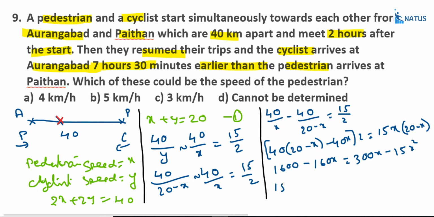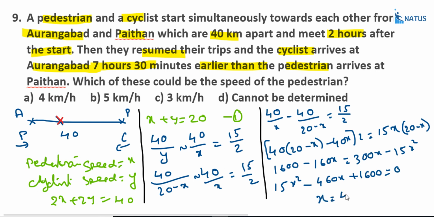So this is equal to 15x square minus 460x plus 1600 is equal to 0. Right? So if you solve this equation, you will get the value of x.